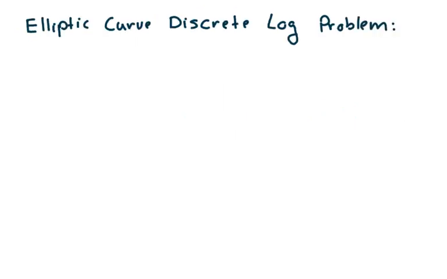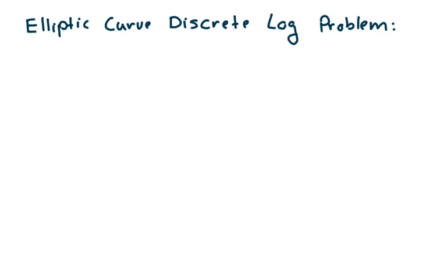And that brings me to a very important concept, the elliptic curve discrete logarithm problem. So this is essentially elliptic curve cryptography's trapdoor one-way function. This is the equivalent of the difficulty of semi-prime factorization in RSA encryption. This is what makes elliptic curve cryptography strong.